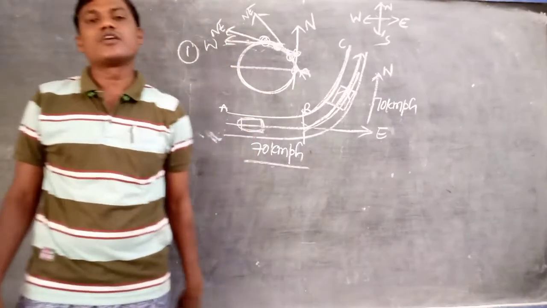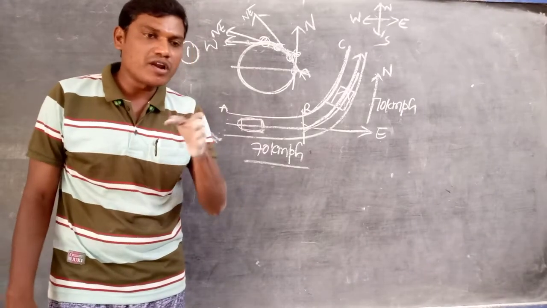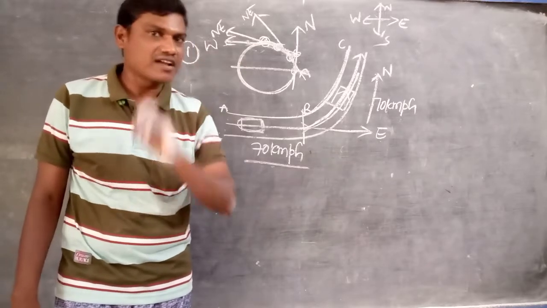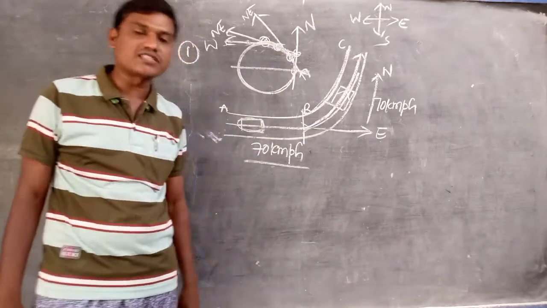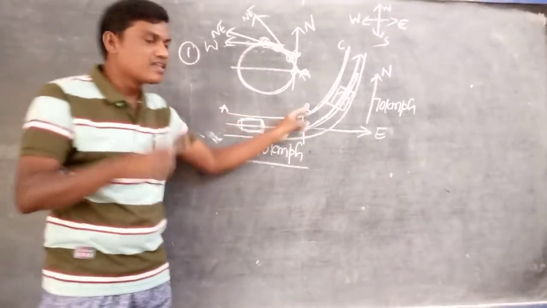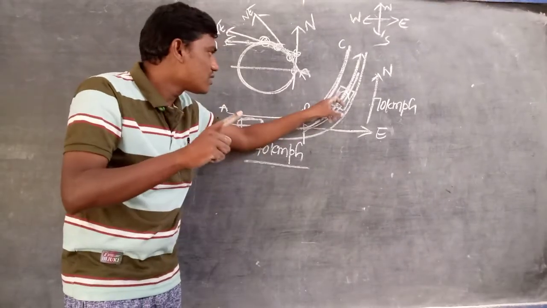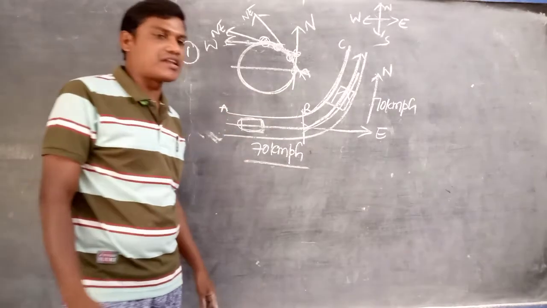Now we can correct it: when a body moves in a curved path or in uniform circular motion, velocity is not constant because the direction of velocity gradually changes. That's why the car on the curved path moves with variable velocity, due to the change in direction.